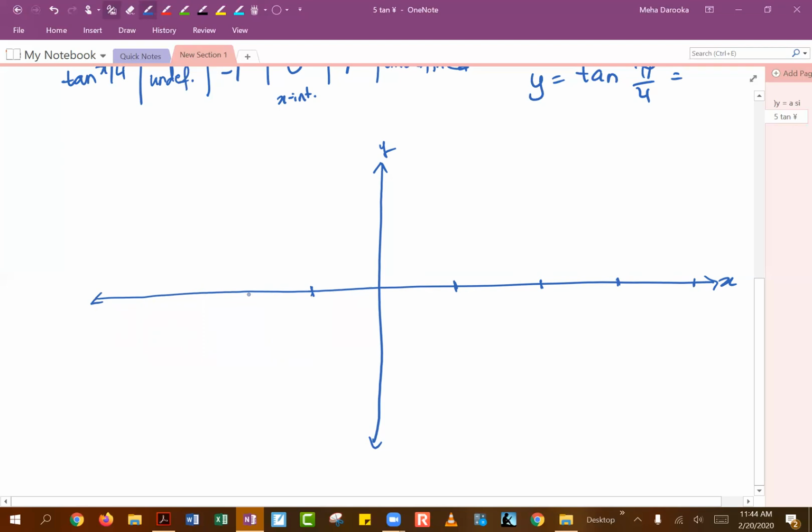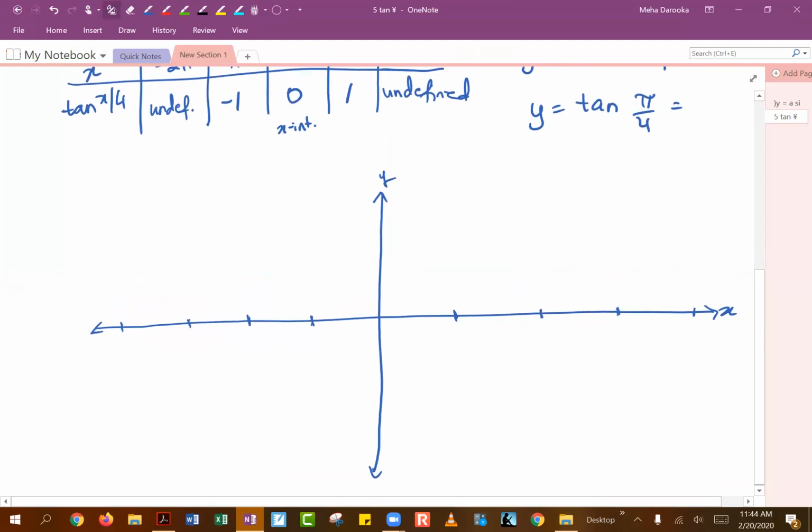Normally they always ask you to do 2 full periods. All right, so we're going to have our vertical asymptotes at positive 2 pi and negative 2 pi.